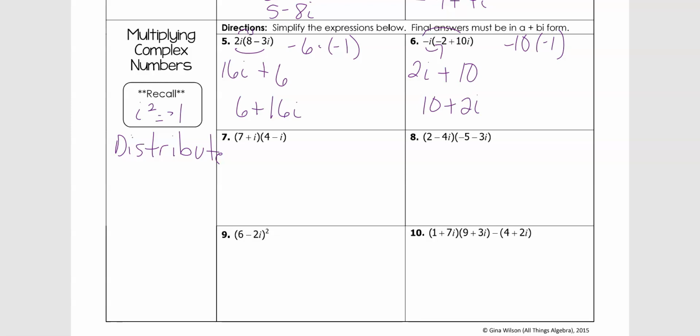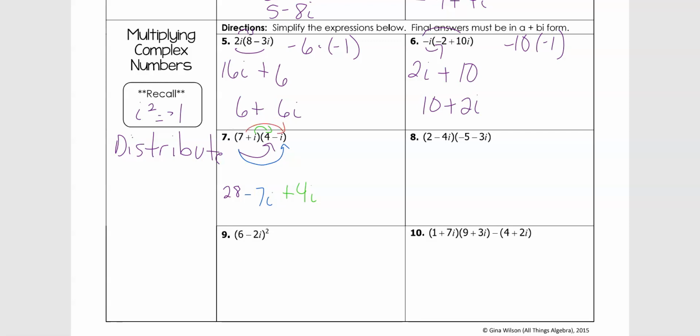All right, number 7 has a binomial complex number. So it's going to be double distribution the same way we did with polynomials. All right, so first we have 7 times 4, which is 28. And then we have 7 times negative i, which is negative 7i. And then we have i times 4, which is positive 4i. And then we have i times negative i.